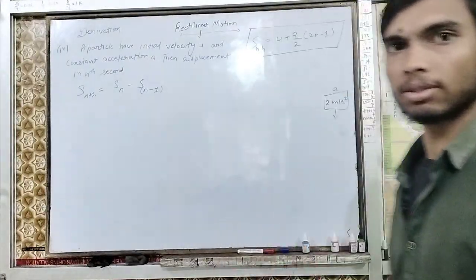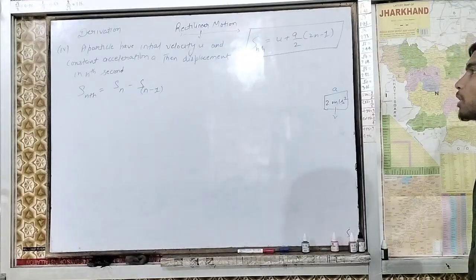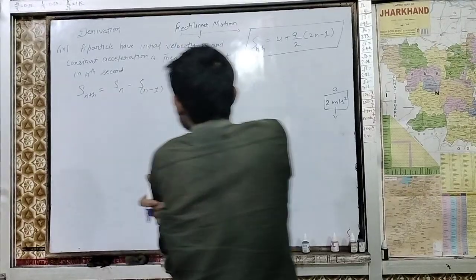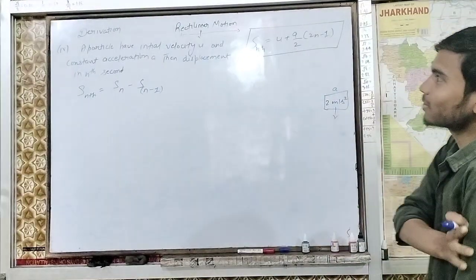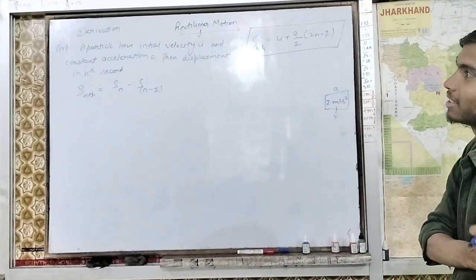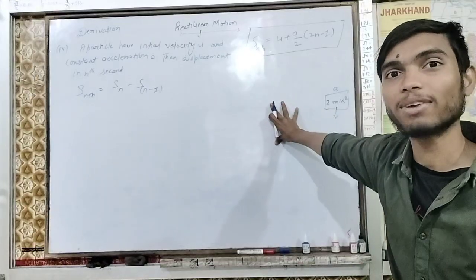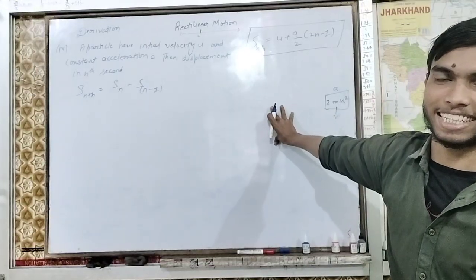After 5 minutes, same 2. This is the meaning of constant acceleration. And you know that the equations of motion are valid when acceleration is constant. Am I right?